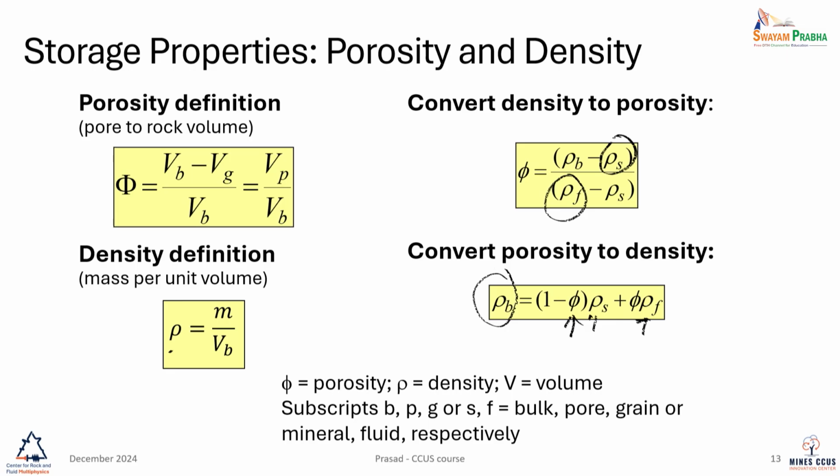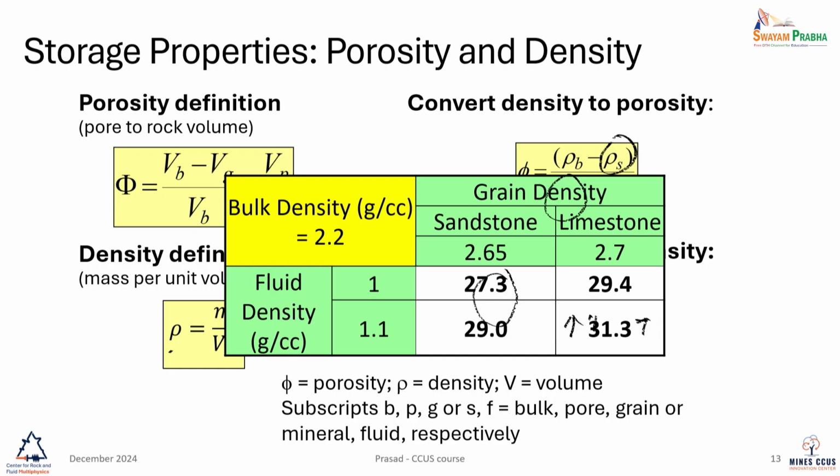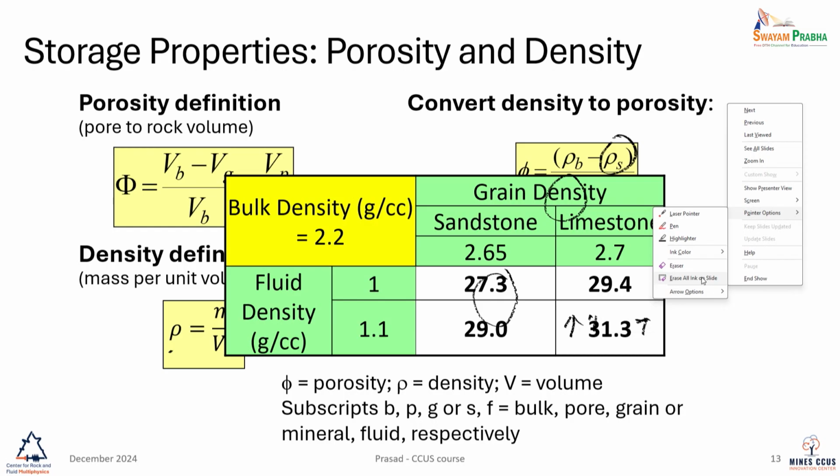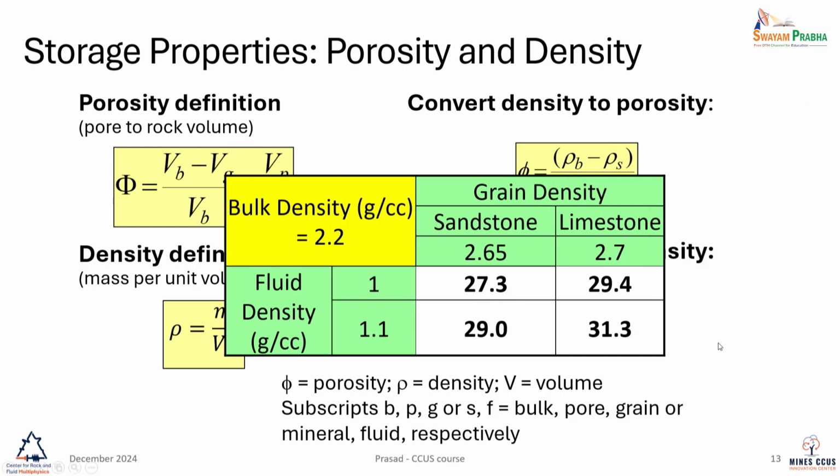Now, it seems trivial, but look at the porosity variations. Over here we have sandstone porosity, bulk density 2.2. This is a measurement, right? We are using a model to get to porosity. If we think we have a sandstone and we think we have water, pure water, we get a porosity of 27%.